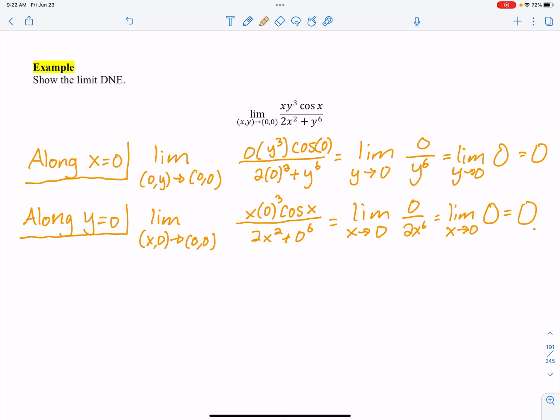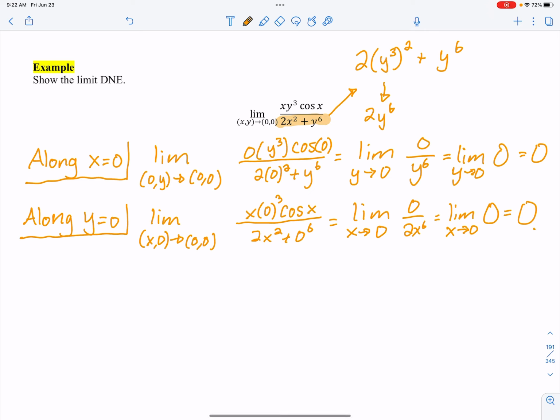So looking here, I would really like that to maybe add to y to the 6th. So I'm trying to think about 2 times something squared plus y to the 6th, but I want this to come out as 2y to the 6th. I want something in there, that way I can make that work. So that would be my powers.